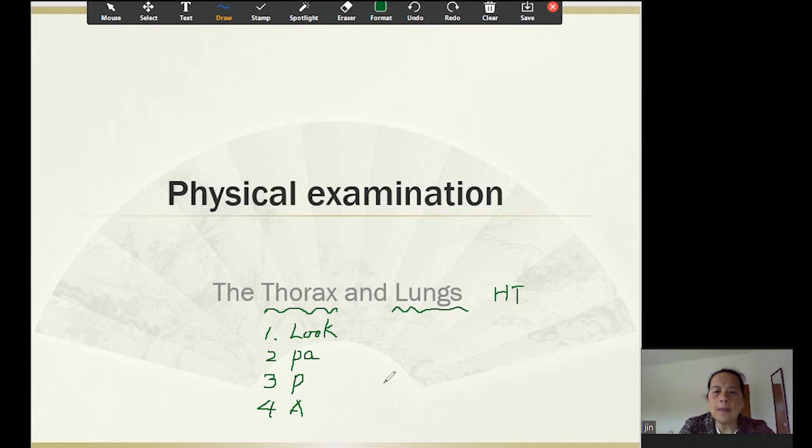In some parts of the body, like when we talked about head and neck before, we only use 1 or 2 ways. Like in the head area, we just look and maybe some palpation. Mainly it is looking. But for the chest area and the lung, we have all 4 ways of examination.